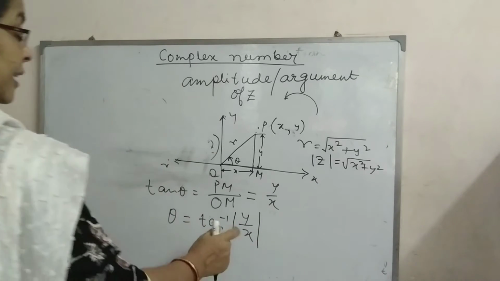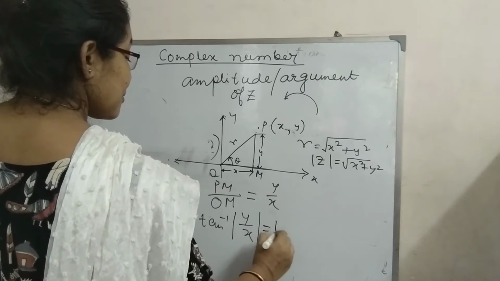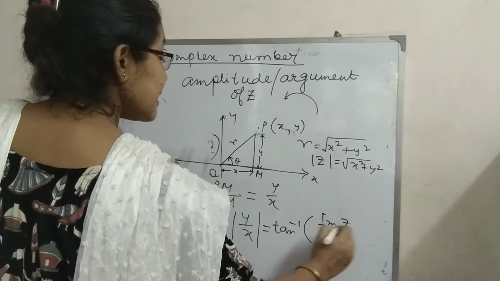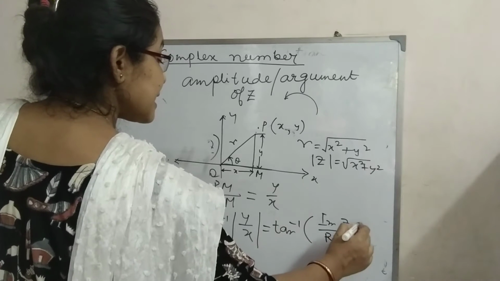Here I will take the absolute value of y by x. This is equal to tan inverse imaginary portion of z by real portion of z.